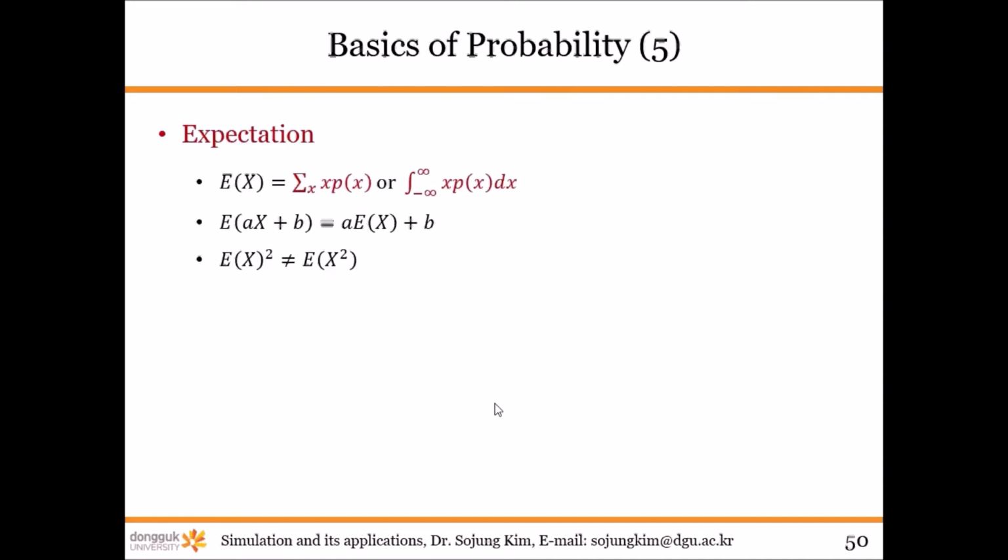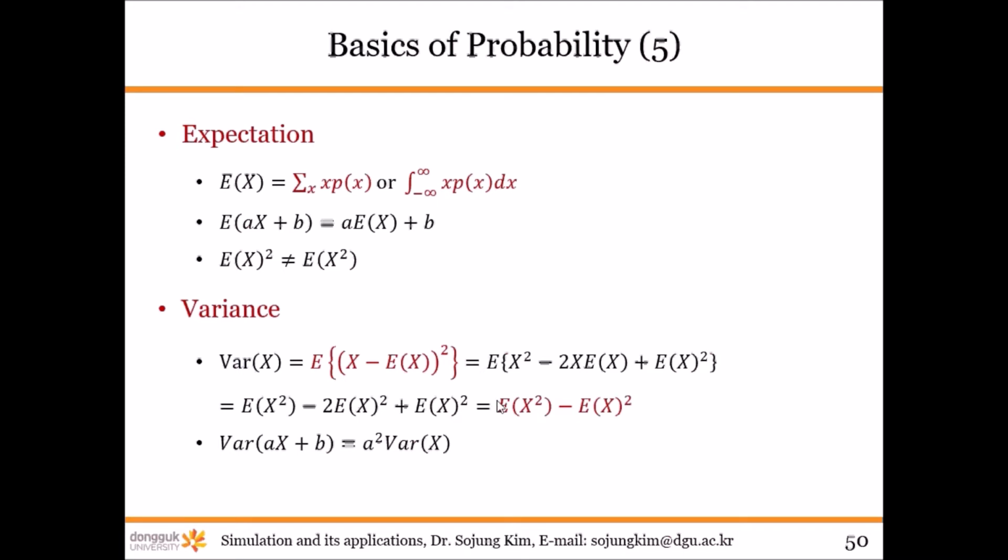Okay, expectation and variance. Yes, so this equation actually gives you the expectation for the discrete random variable and then the continuous random variable, right? And of course, if you have a constant multiplied by the random variable, basically you can take this out of the E function, right?